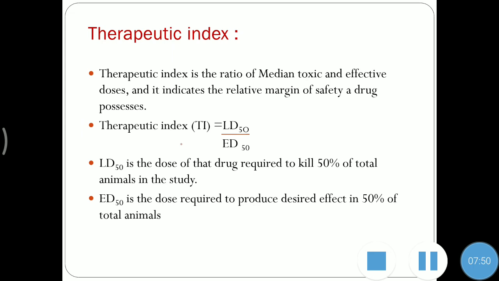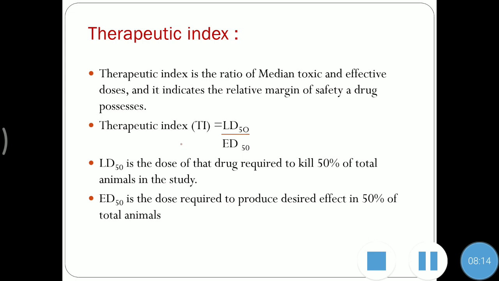Therapeutic index. Therapeutic index shows the margin of safety a drug possesses. It is obtained by taking two types of dosages. First is LD50, the dose of drug that will kill 50% of total animals in the study.